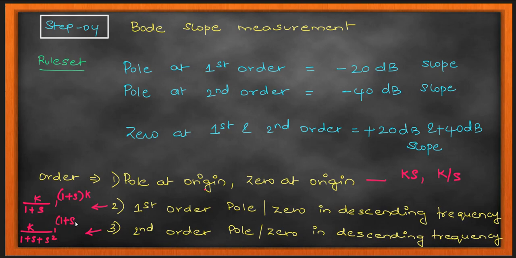The poles at origin are the zeroth order. So zeroth order, first order, second order, third order, and so on. The zeroth order comes first, then first order, second order, third. That is small to large, so that is your ascending order. Ascending order is small to big.